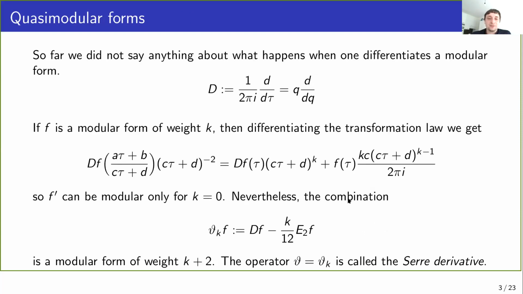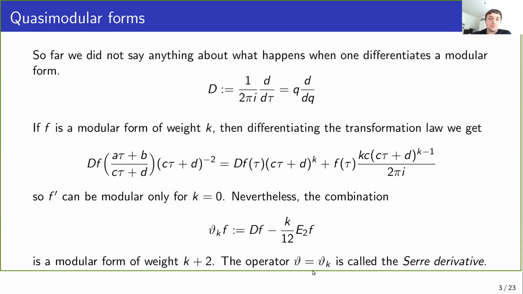Because of that, if you take this differential and subtract this combination, the product of E2 and f, it deals with this factor. Then it's easy to show that this combination again satisfies the modular transformation law. So it is a modular form of weight k plus 2. This is called the Serre derivative.